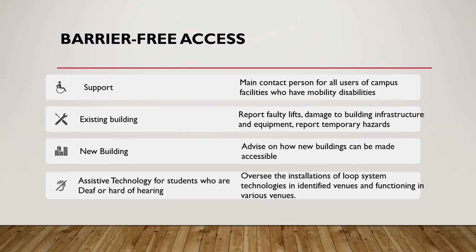Lastly, I also focus on and assist students who are hard of hearing or deaf with assistive technology. These technologies include frequency modulation systems, vibrating alarms, and also vibrating doorbells.